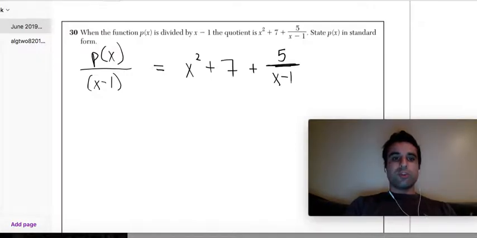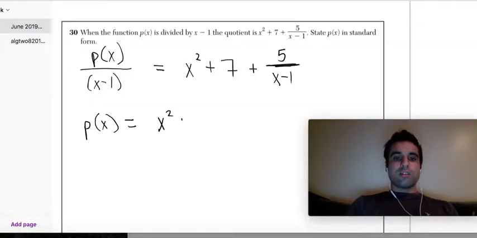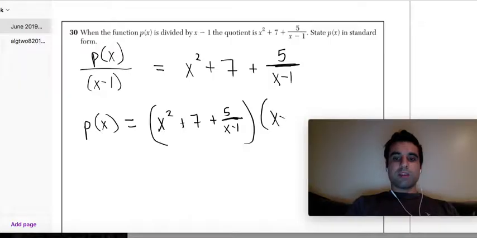So there were a few ways to do this. One of the ways is just to multiply both sides by x minus 1. So p of x is going to end up equaling x squared plus 7 plus 5 over x minus 1, all multiplied by x minus 1.